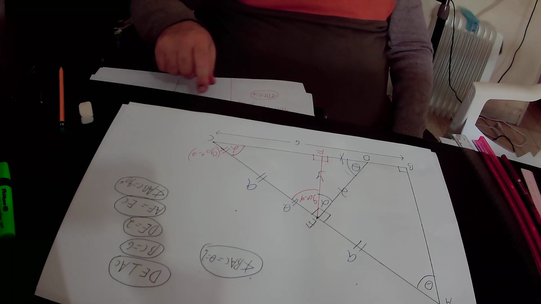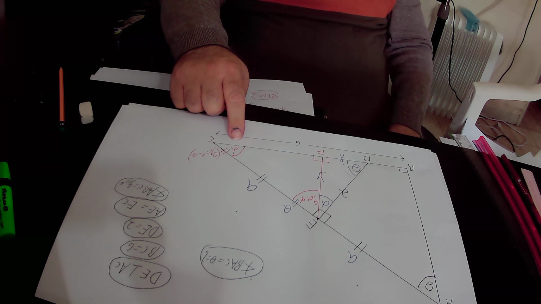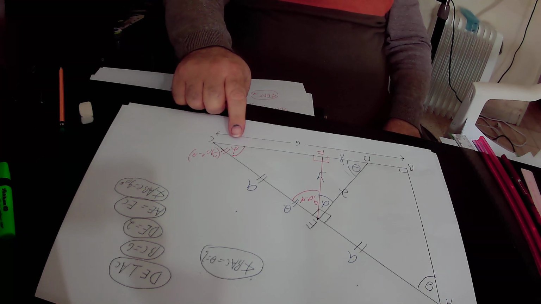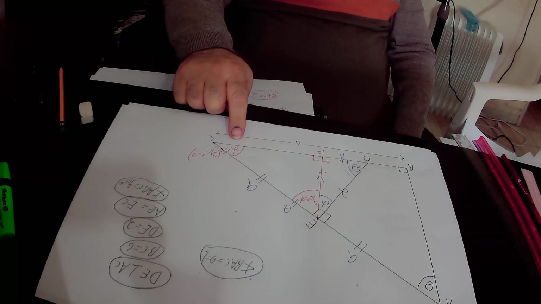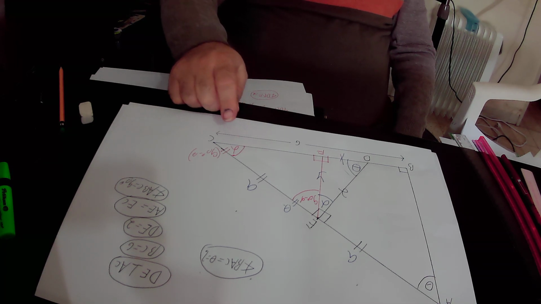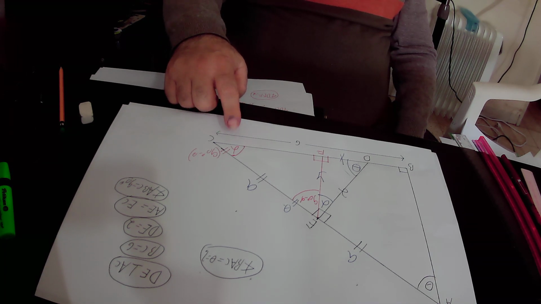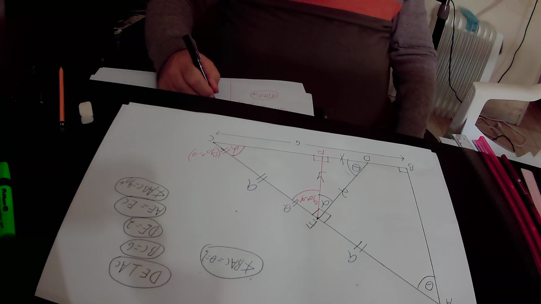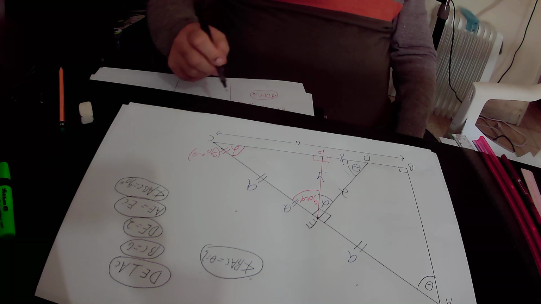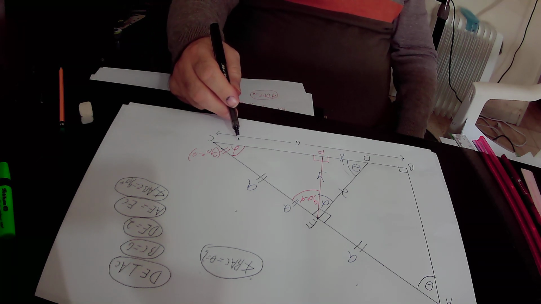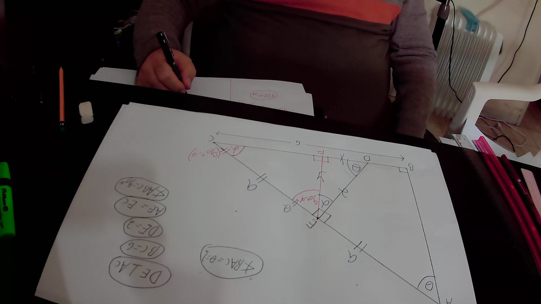Finally, this angle is a common angle, it belongs to both triangles. So we can write down that angle ACB of triangle ABC is equal to angle ECF of triangle EFC, and it is equal to alpha.